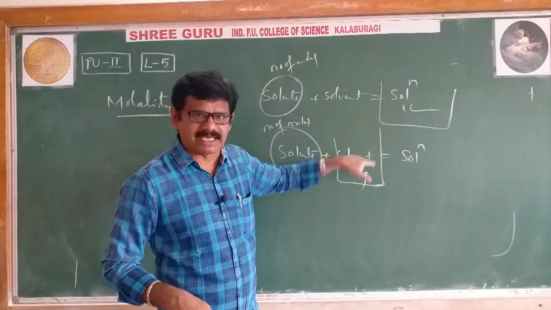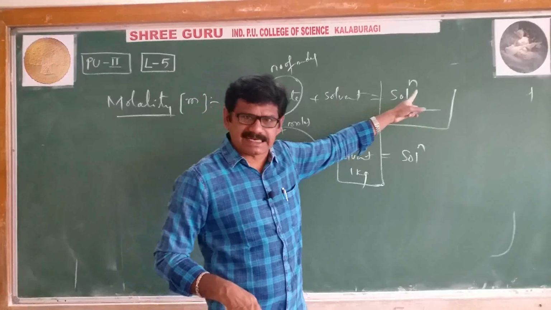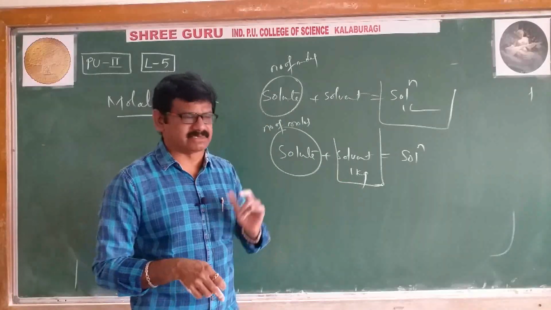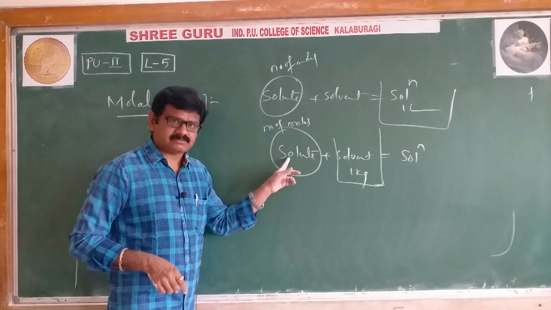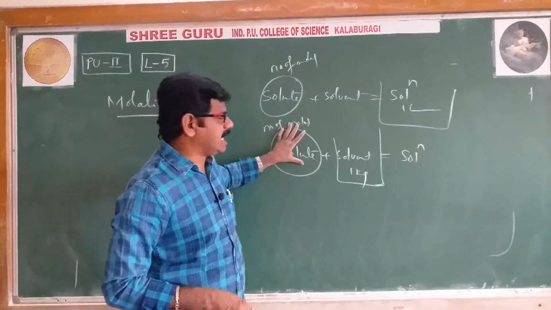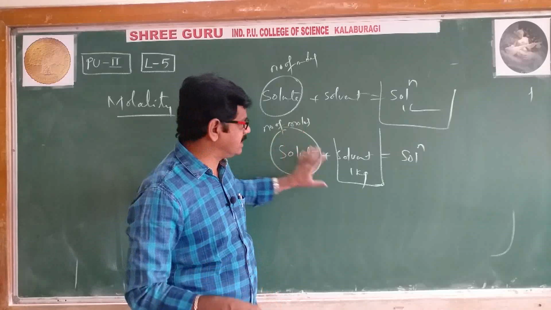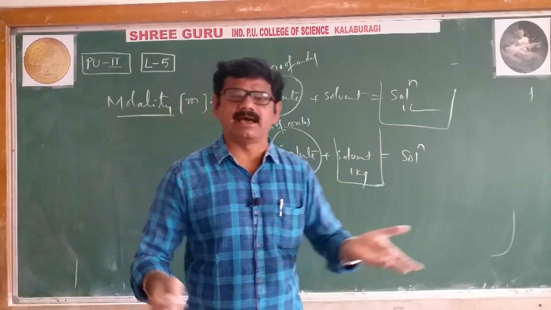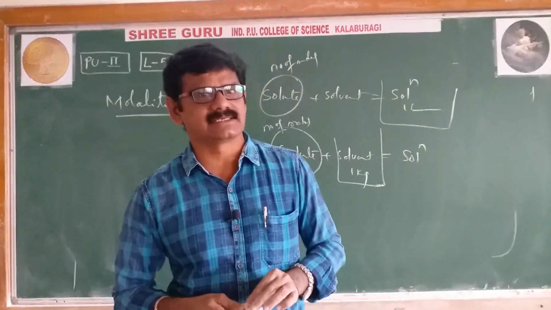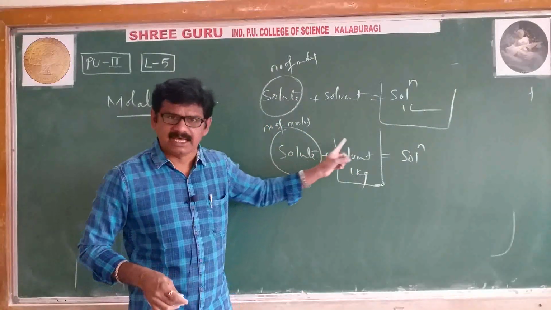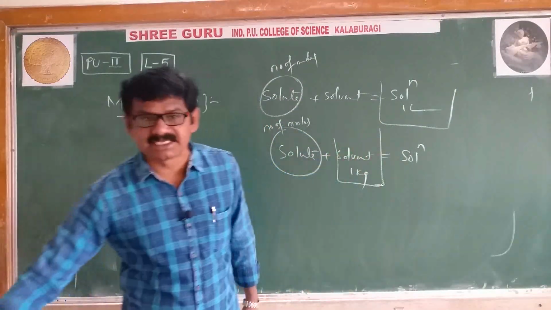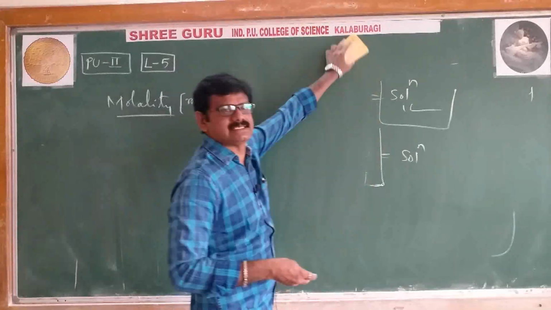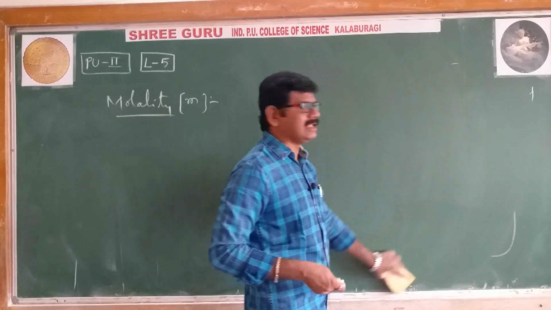That was volume, here it is mass. So it is a temperature independent term, right? What is molality? Number of moles of solute present in 1 kg of solvent is called molality.